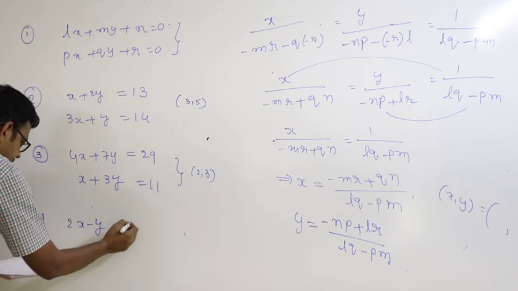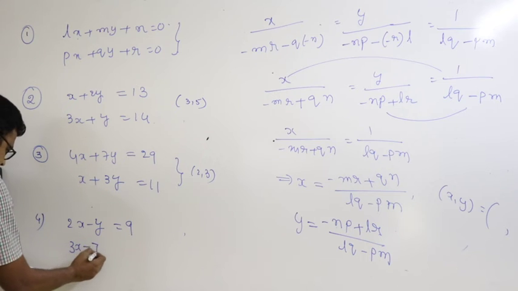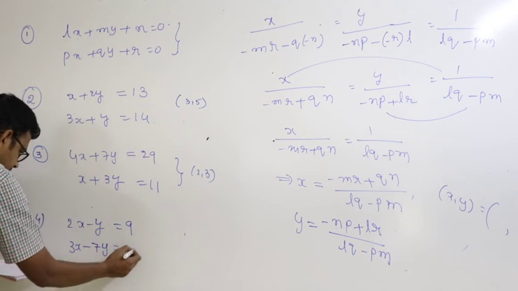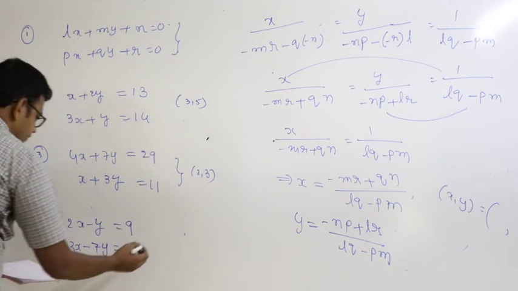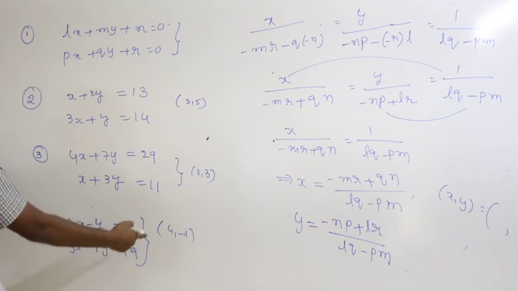Two x minus y is equal to 9. 3x minus 7y is equal to 19. The answer is 4, minus 1. This is the answer.